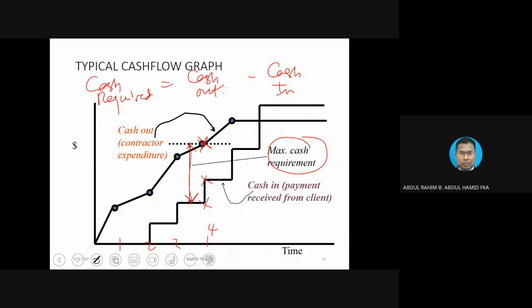Cash out on the 4th month, here I put it 4, but then we need to deduct the cash in of the 3rd month, not the same month. If you do that on the same month, you are only taking the differences, whereby the contractor has been suffering for the entire month, waiting for the only one day when payment is received.